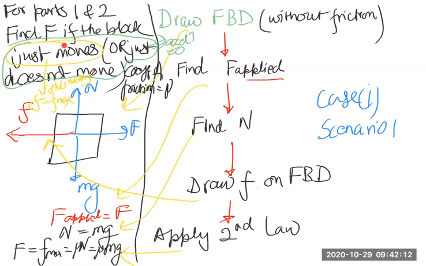Anything which is not understood, please tell me. And please repeat the question. Please do the question yourself for part 2, for the second diagram that we had drawn yesterday. Please tell me the value of F for which the block just moves or just does not move. The coefficient of friction between the block and the floor is mu.